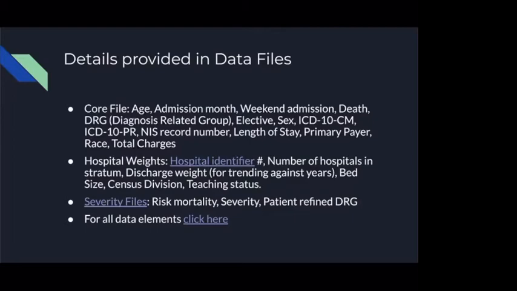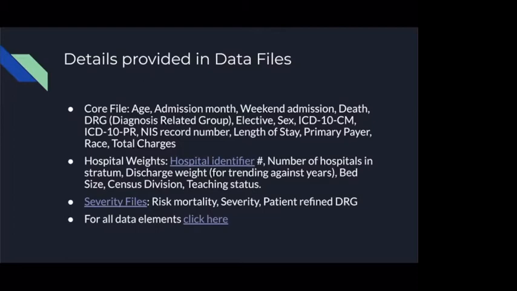In the core file, you would be getting the following: age, the month of admission, whether that admission was on the weekend, whether the patient died during admission, the diagnosis related group, whether what was done at the visit was elective, the sex of the patient, the ICD-10 CM code or ICD-10 PR code, the NIS record number, which is the unique identifier per patient, the length of stay, the primary payer, the race, and again, race would be given on a national level, but ethnicity would be on a state level. And lastly, the total charges.